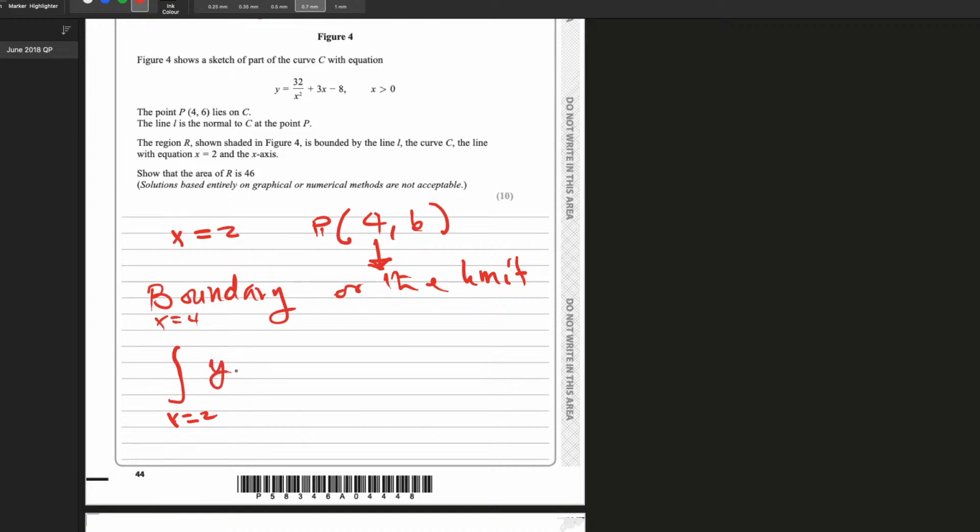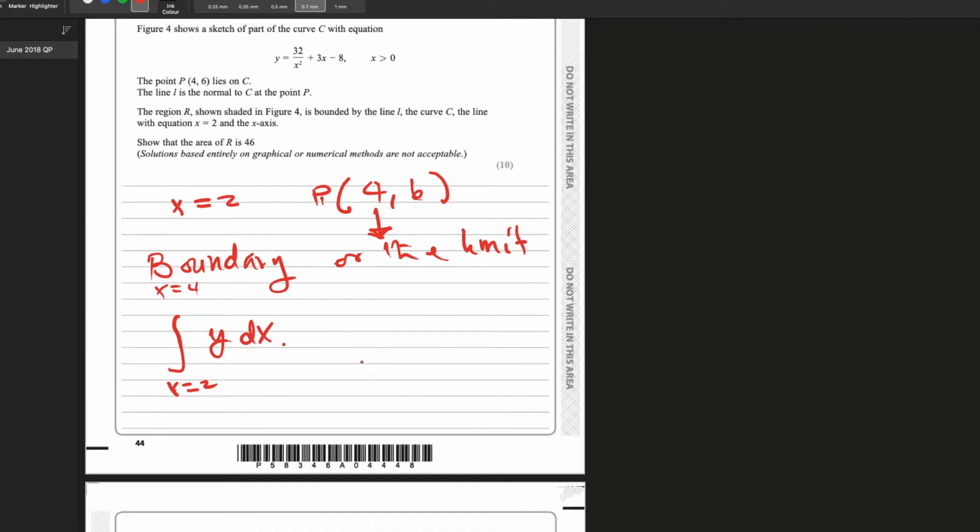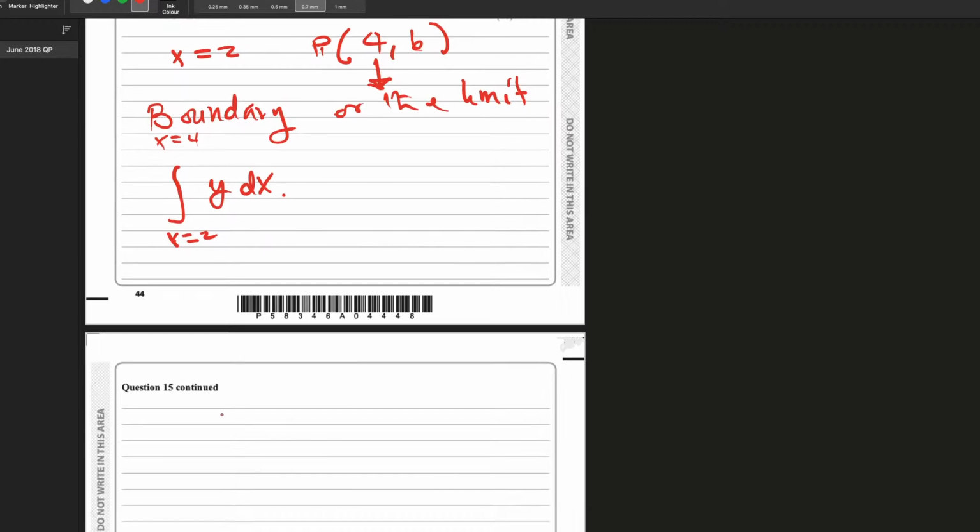So it's the integral of y dx, from 2 to 4, and y has been given as the whole equation, which is negative 32 over x, then plus 3x squared over 2, then minus 8x.